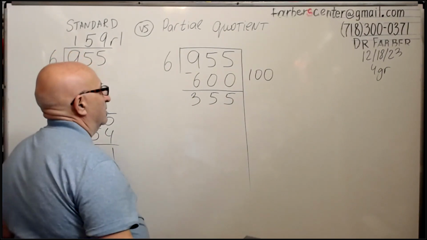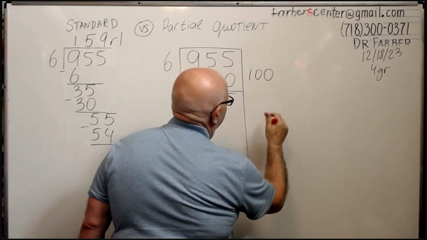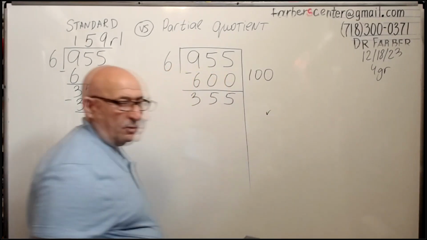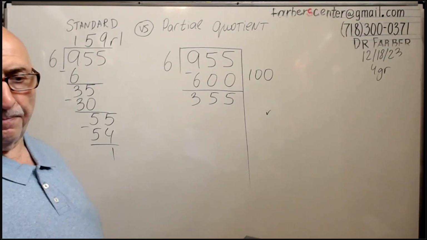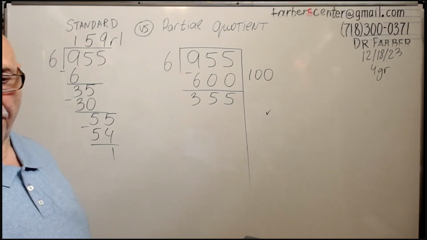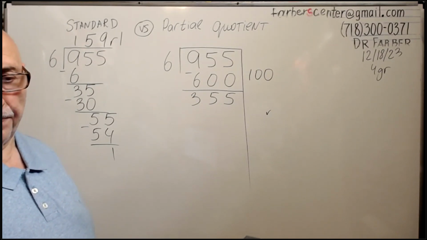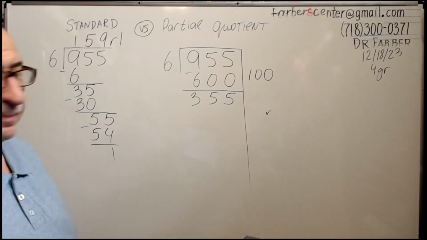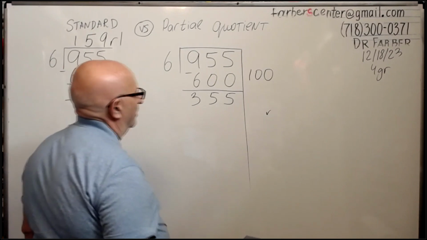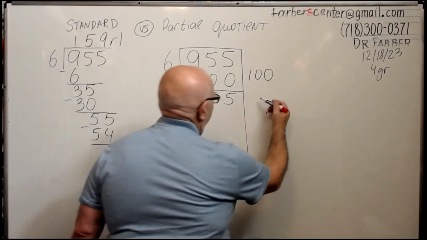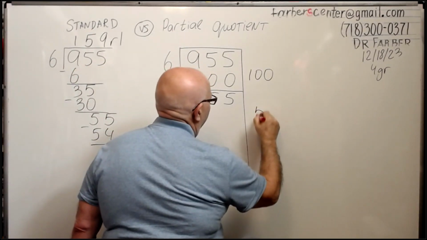What is supposed to be written over there? Who will help me right now? Give me a convenient number. Antonia. 50. Excellent. Beautiful. A plus smiley face, 50.